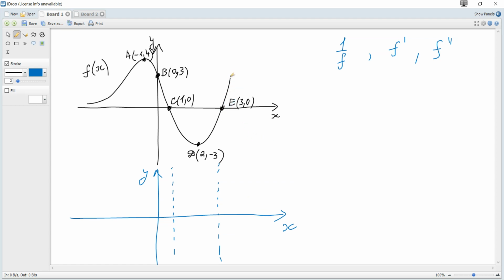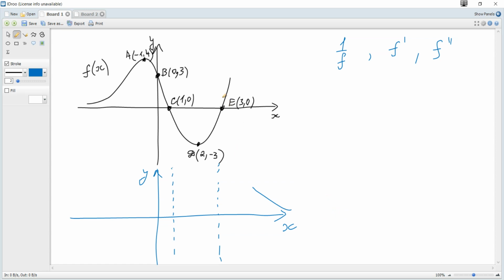We can see that this tail goes up, so y tends to plus infinity, so y becomes very large and positive. 1 divided by very large positive will be very small and positive, so this tail falls on the x-axis, or there will be a horizontal asymptote, y is 0.